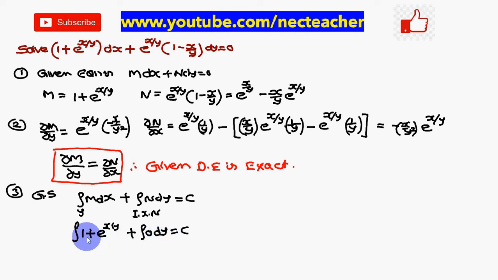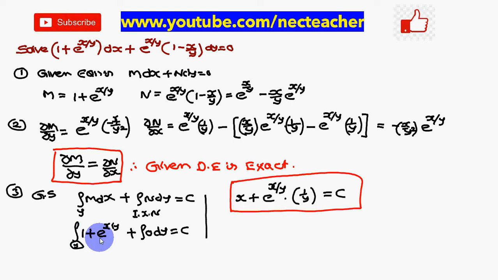Again, integration of 1 dx, treating y as constant, which you must always remember, is x. So e power x by y, and again x by y differentiation, with y constant, means 1 by y, and x differentiation is 1. So this is the model.